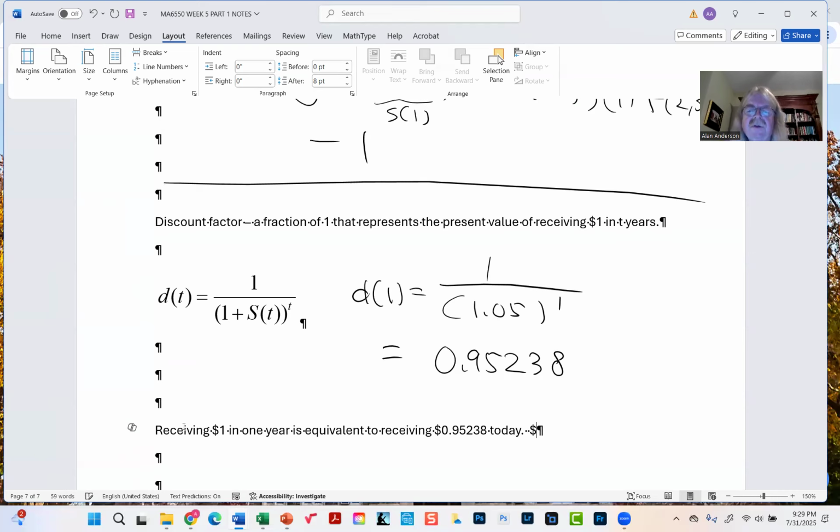Okay, so this number is known as the present value of a dollar received in 1 year.